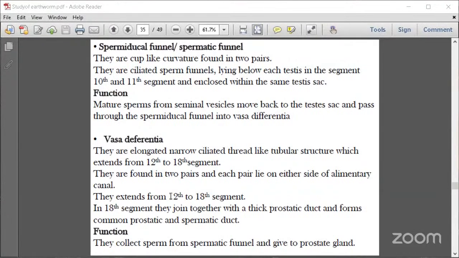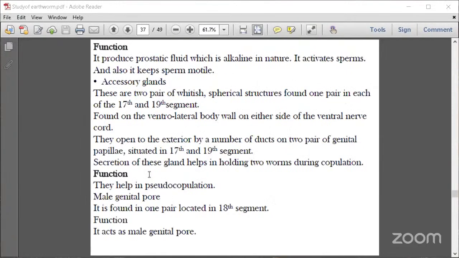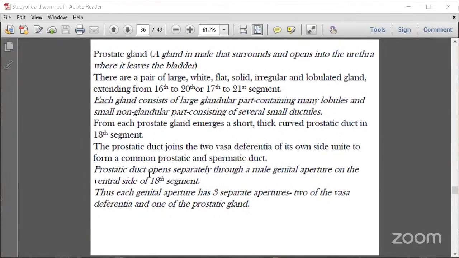Their duty is to collect sperms from the spermatic funnel and give them to the prostate gland. The prostate gland is a gland in the male that surrounds and opens into the urethra where it leaves the bladder.